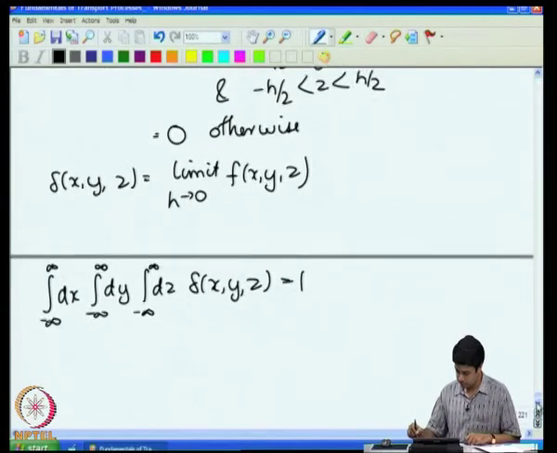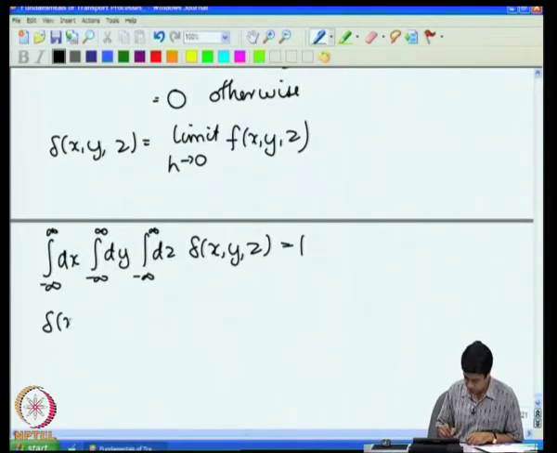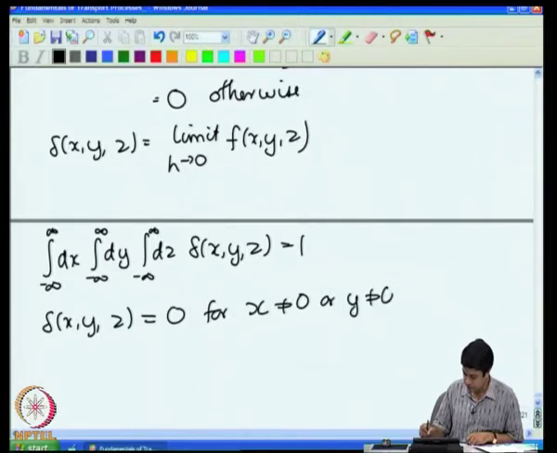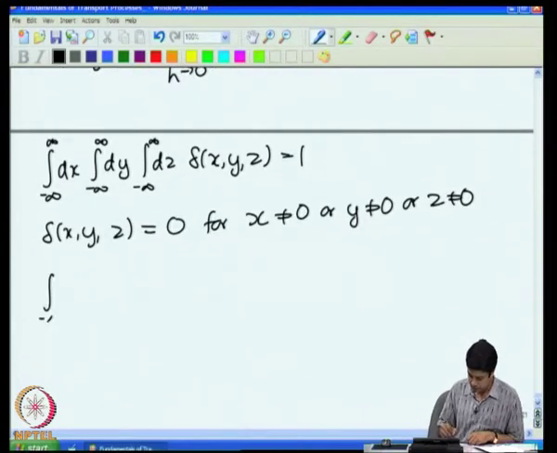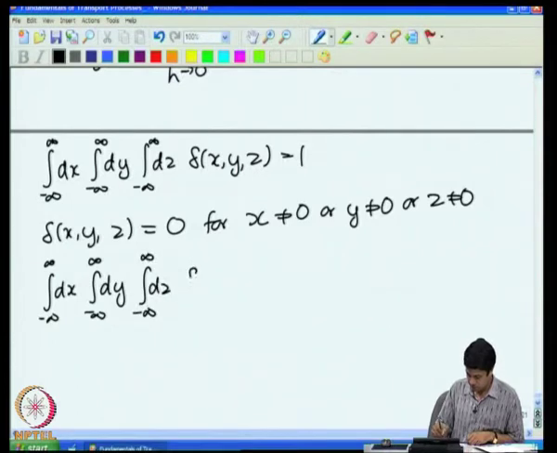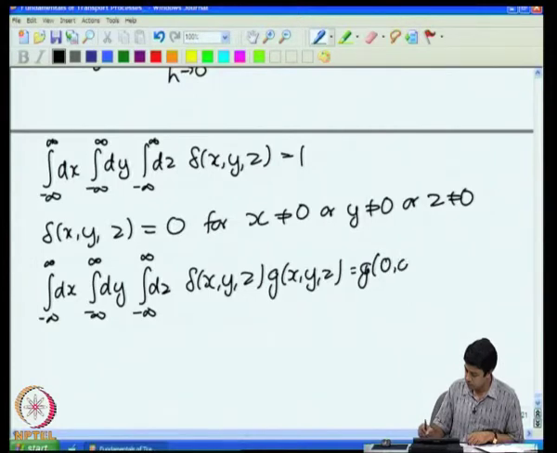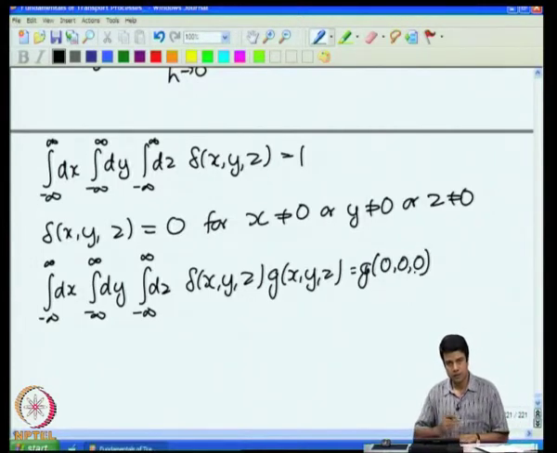It is equal to 0 for x not equal to 0 or so on. These are just the analogous conditions from 1, 2 down to 3 dimensions.